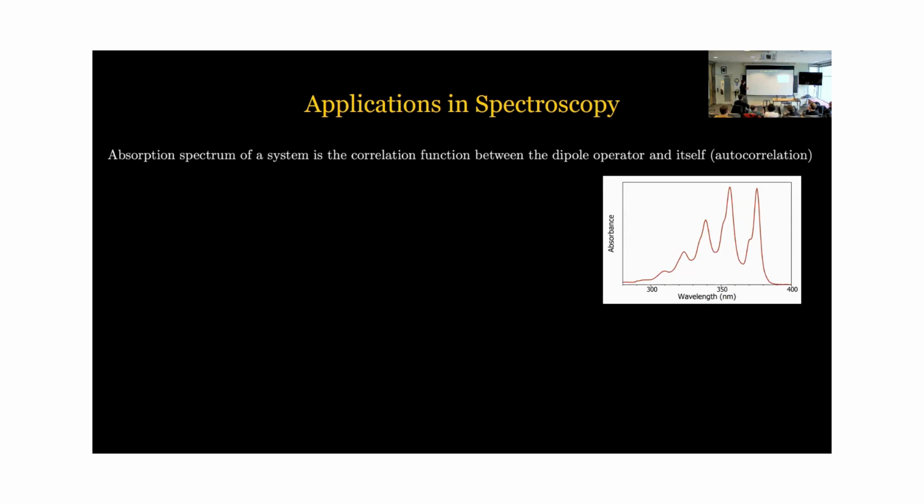The absorption spectrum of a system corresponds to the correlation function of the dipole operator with itself, commonly referred to as the autocorrelation, which looks like this. So from the first slide, where this is still one variable, where we had A and B, we say A and B are the same thing, the dipole operator.